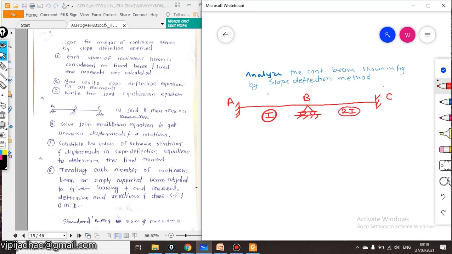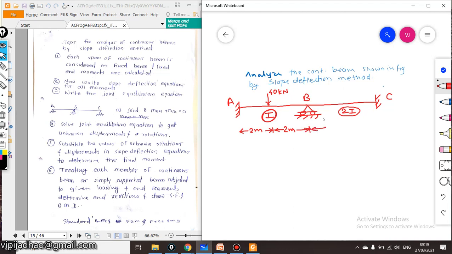This particular beam is subjected to a point load of 40 kilonewton here, and this particular distance is 2 meter, and again this is 2 meter, so it is acting at the mid span.